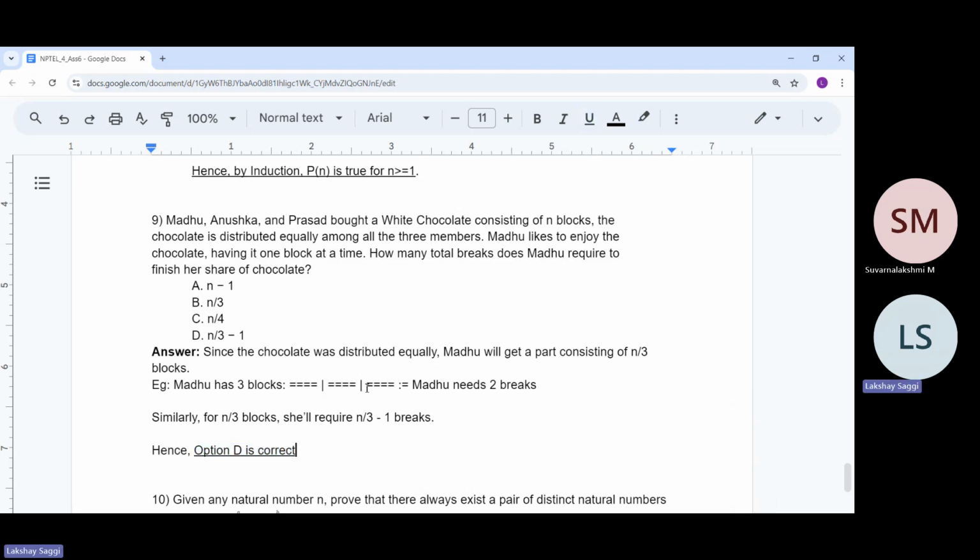Okay, so Suvarna, is my screen not visible right now, or is it visible to you?